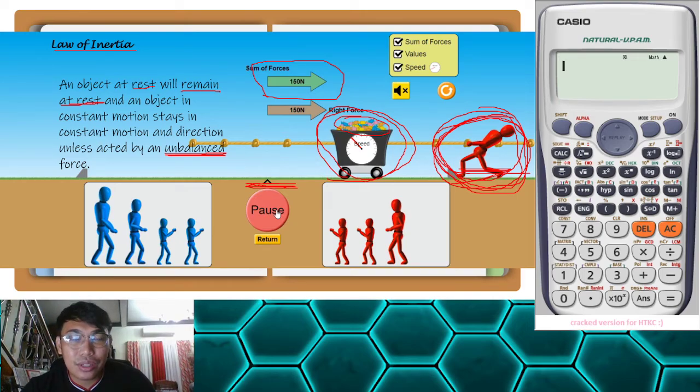An object will not stay at rest if someone pushes or pulls it. So that guy is what we call the unbalanced force. A person can be an unbalanced force because we're the ones who move the object.